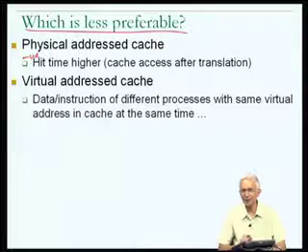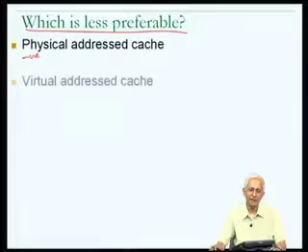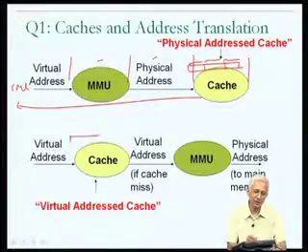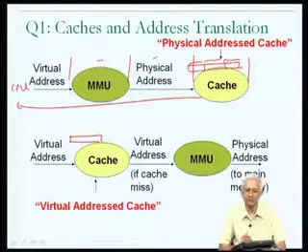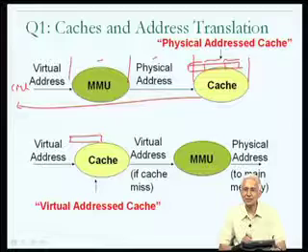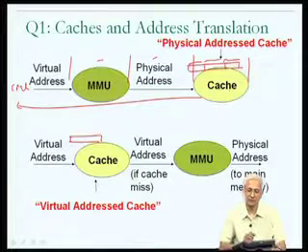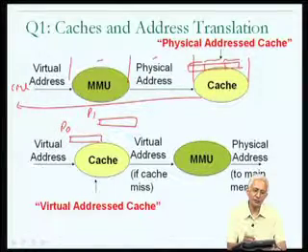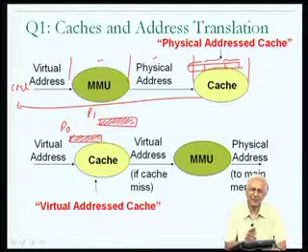Okay, now the thing to bear in mind about the virtual address cache is we're talking about a situation where the cache is organized in terms of virtual addresses. So the address which comes to the cache is a virtual address. Now one must bear in mind that the virtual address has different meanings depending on what the process is. I could have a virtual address which relates to process 0 and another virtual address which relates to process 1, and the bit patterns associated with the two virtual addresses might be exactly the same.